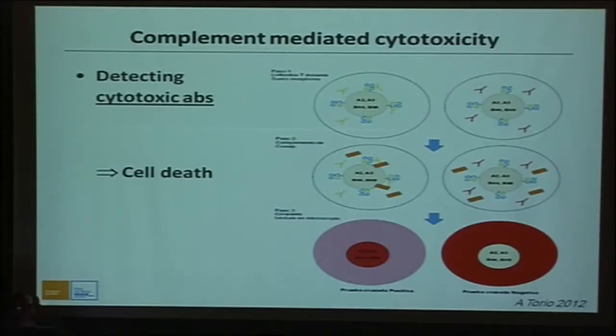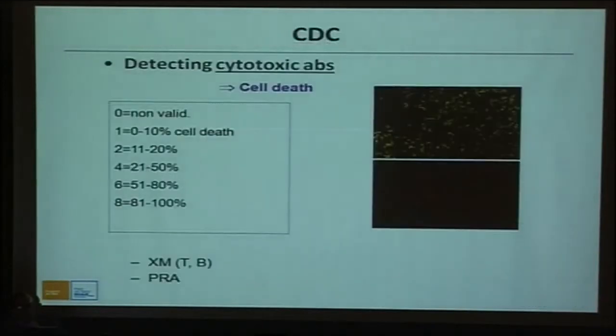But one concept that I would like to transmit to you is that CDC crossmatch is not finally a yes or no tool, is not a positive, negative tool, is not a dichotomic variable, it's a continuous variable.